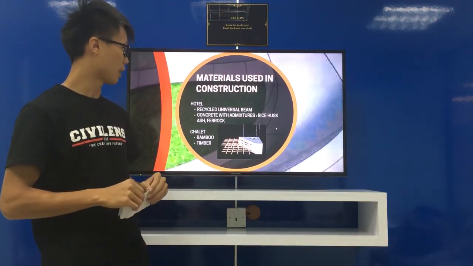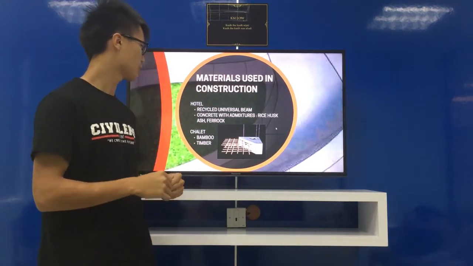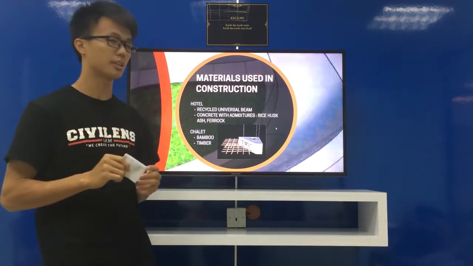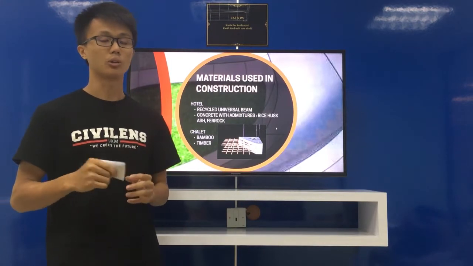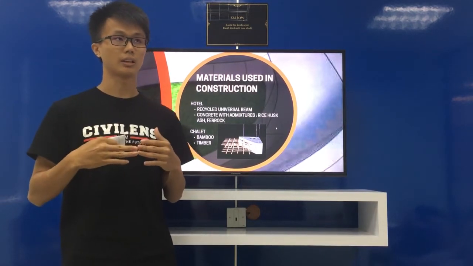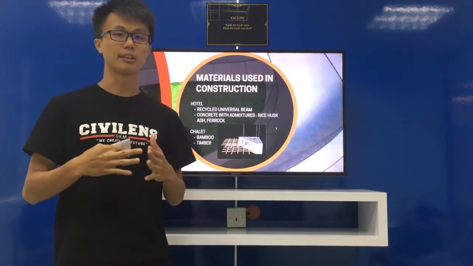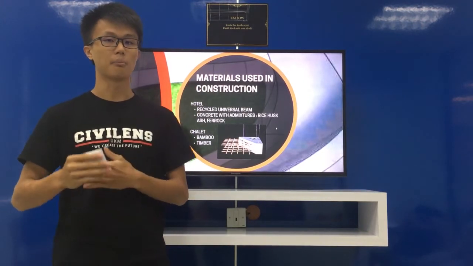And about the rice husk ash, why are we going to use rice husk ash as our building material? Okay, rice husk ash is used to replace the cement in the concrete. As we all know, when cement reacts with water and undergoes chemical reaction, a large amount of carbon dioxide will be released to the atmosphere.